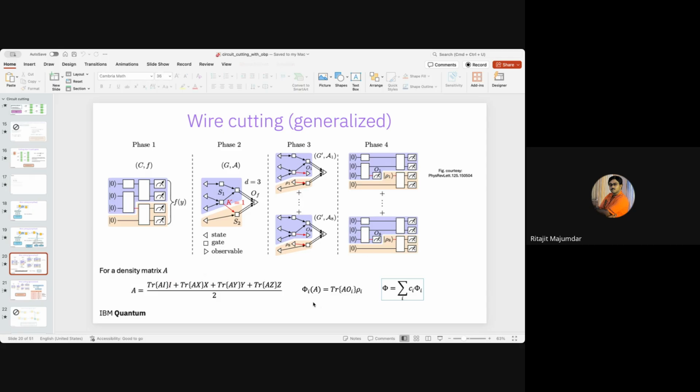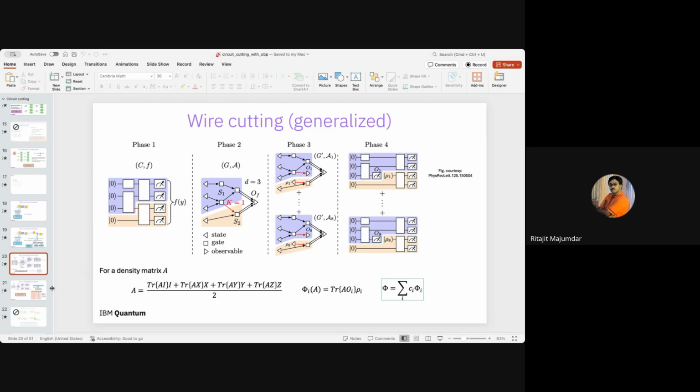So the main goal is that you measure in a particular basis. The probability of the outcome gives you the coefficient, this trace of A O_i. This gives you the coefficient when you measure in basis O_i, and then you prepare the following qubit, this cut qubit, in the eigenstate of that basis, rho_i.